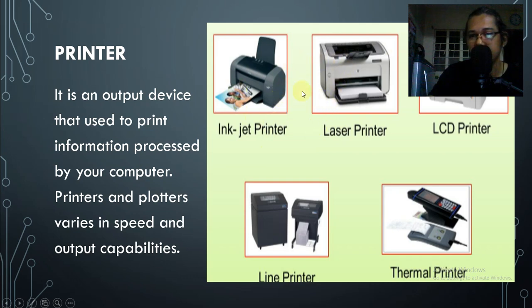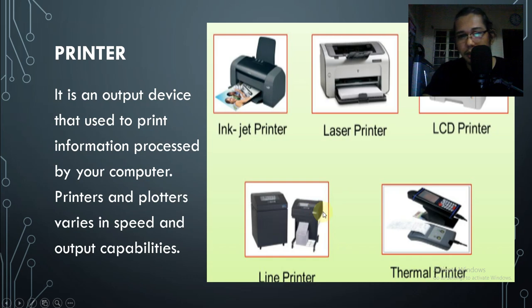So printer, we have here the inkjet, which uses the cartridge. Laser printer, LCD printer. Why LCD? Because it has a scan feature. We have here the line printer.